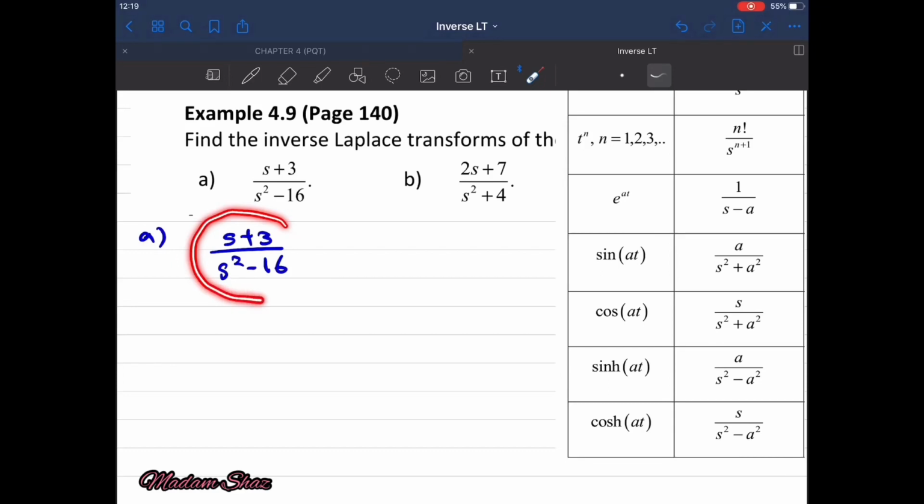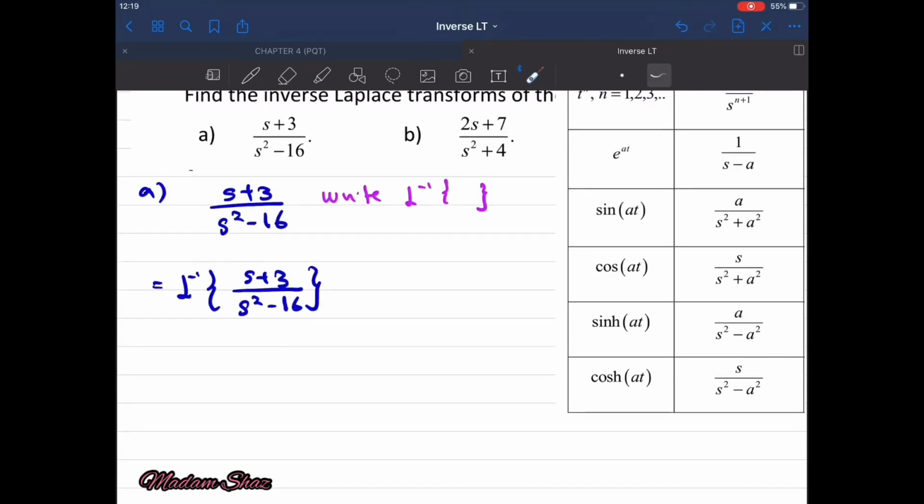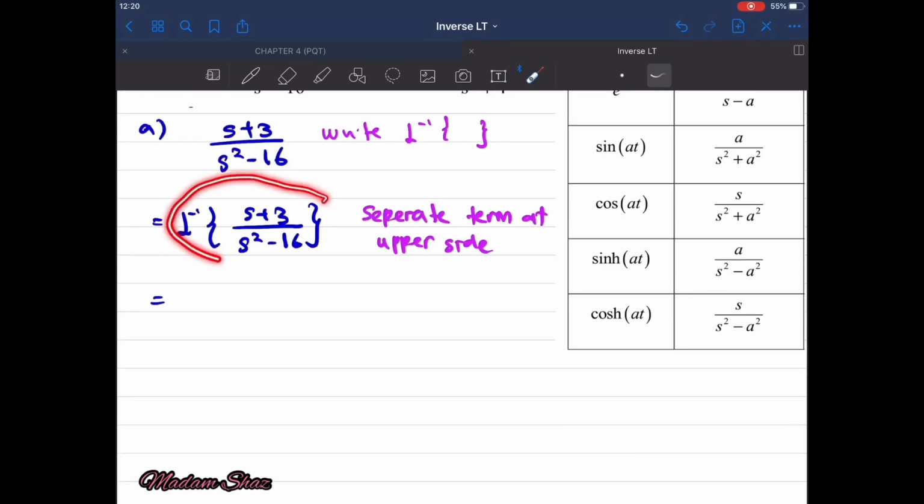So for example A, we have (s plus 3) divided by (s square minus 16). The first thing, you have to write the notation of the Laplace inverse, curly bracket for the whole thing. Now, by referring to the upper side here, we have s plus 3, so you have to separate the upper side. Now we have only one Laplace inverse in the curly bracket.